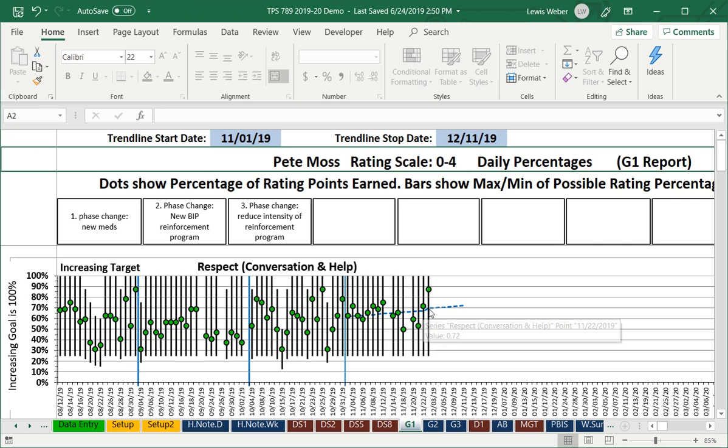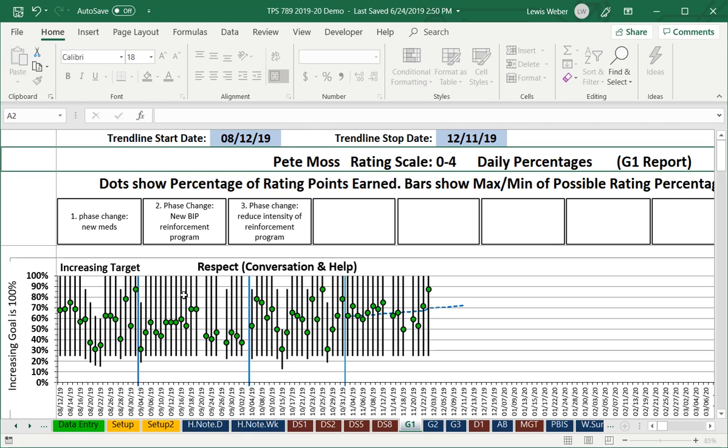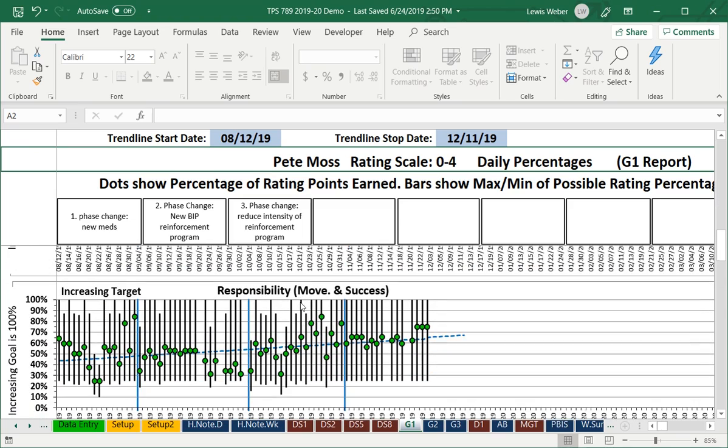It does sometimes have some wiggles in it, but it does show the overall trend during that phase. And if we want to see the entire thing, we would start it on A12, and just to see the overall progress for the year, a little bit of an increase, and only the dots are being considered for this trend line.